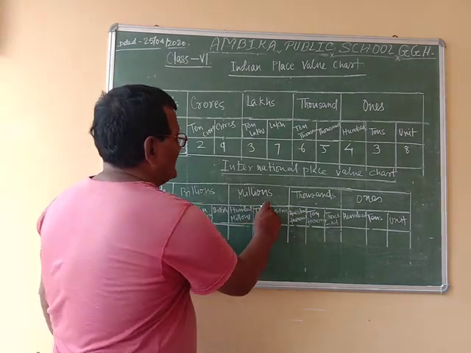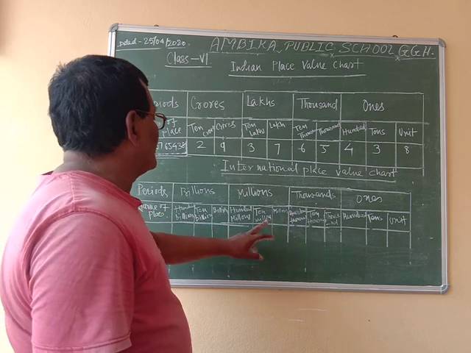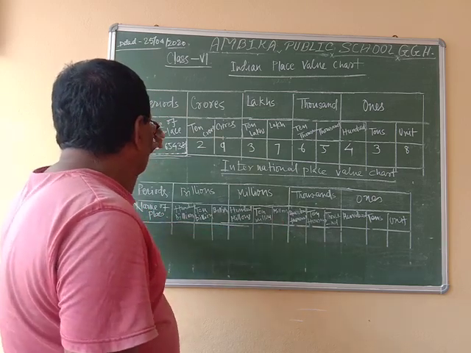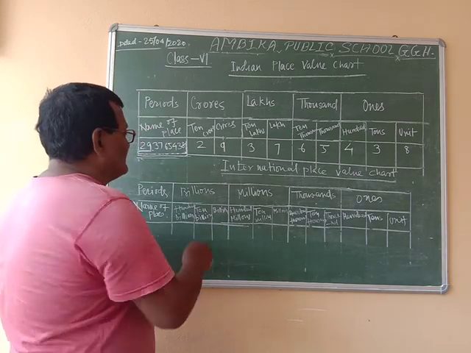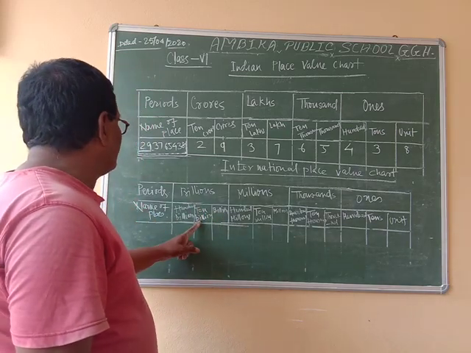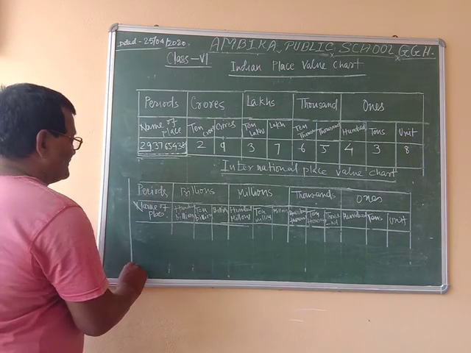Million is also divided into three parts: million, 10 million, 100 millions. And at last we write billion. Billion is divided into three parts: billion, 10 billions, 100 billions. And at last we write the name of place.